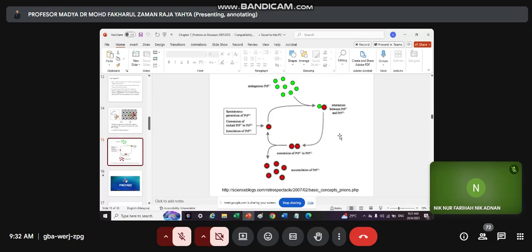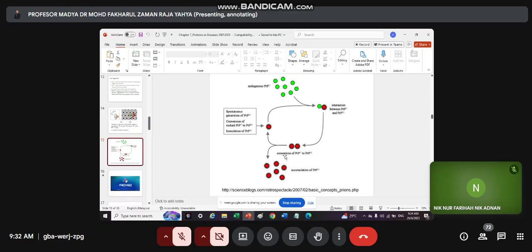So this is what we call infection in TSE. It is due to the interaction between PrPC and PrPSc, leading to conversion of PrPC to PrPSc. At first, there is only one PrPSc or one scrapie prion protein.